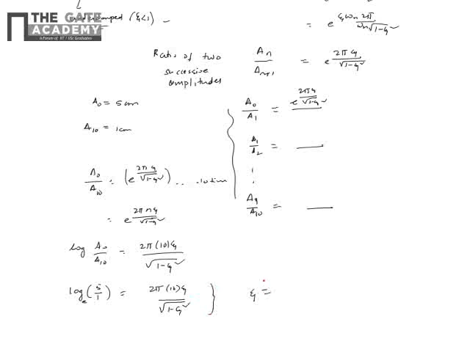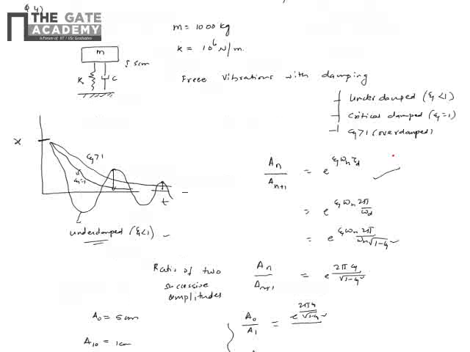The value of chi, if you calculate this way, taking the square on both sides, comes out to be 0.026. Assume that it's underdamped, then you can just apply this formula and calculate. So the answer is 0.026.